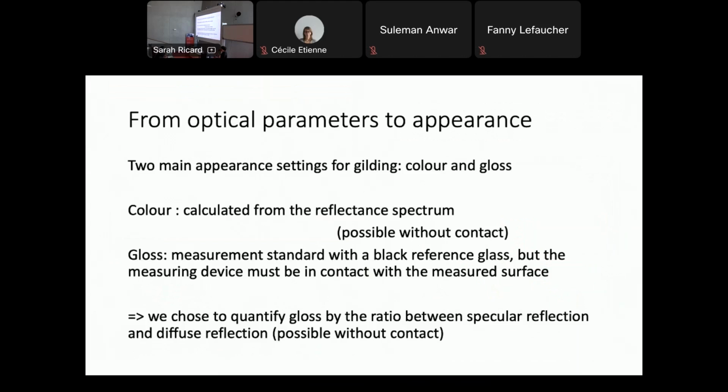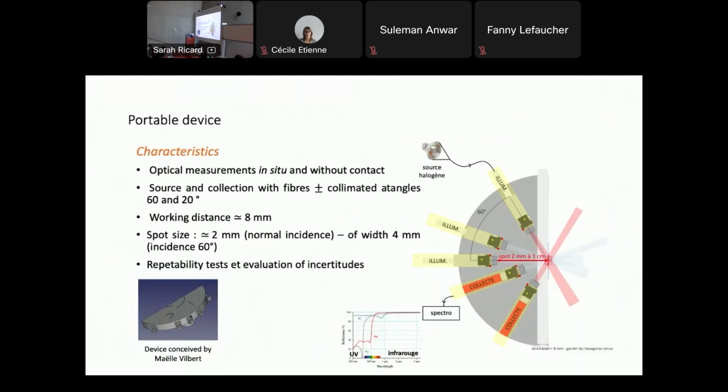But the question with gloss is, of course, how to identify gloss when we cannot have a sample. What has been proposed is to quantify gloss with the ratio between the specular reflection and the diffuse reflection, in order to have an idea of the gloss of these different gilding surfaces and gilding techniques without being able to work on samples.